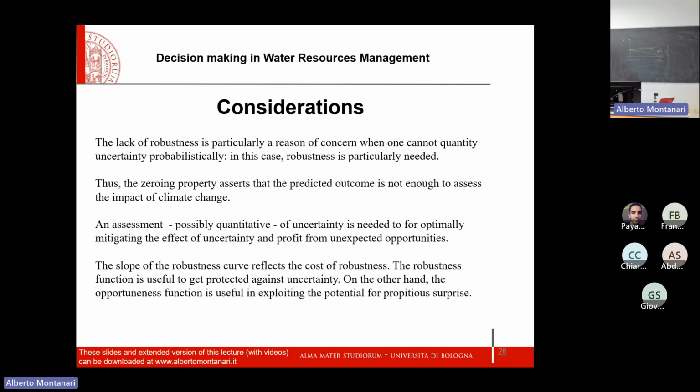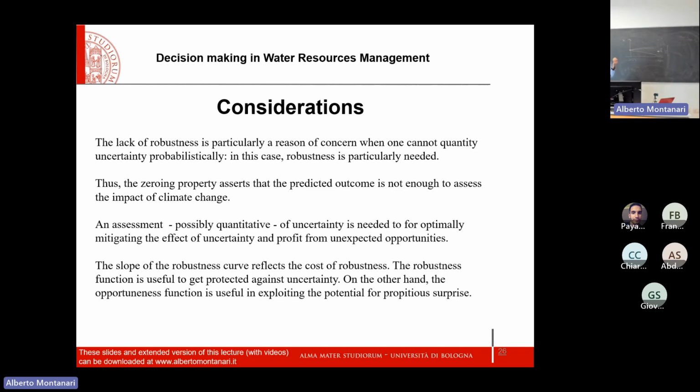So remaining in the context of climate models, uncertainty assessment for future temperature is more reliable than for future rainfall, because rainfall is more difficult to predict. But if you start from a good prediction of rainfall, then the estimation of uncertainty for river flow and water resources in general is more reliable than estimation for rainfall.